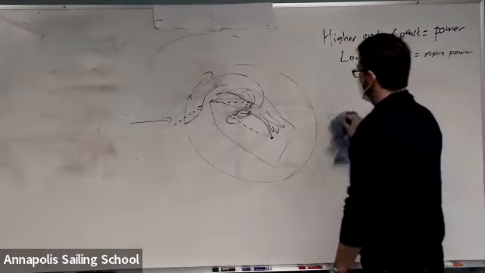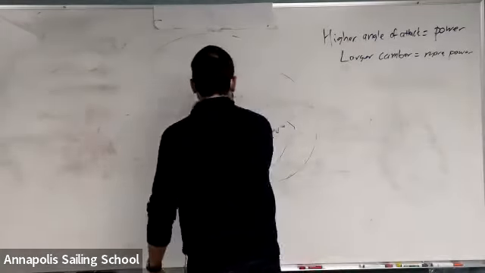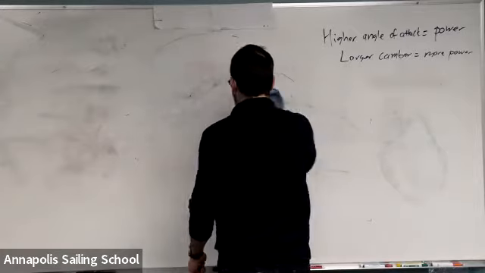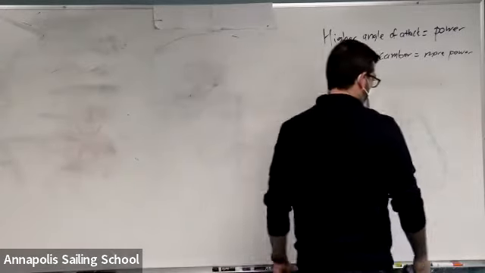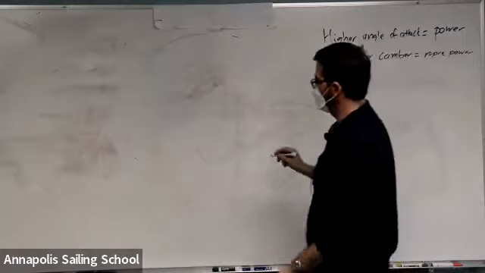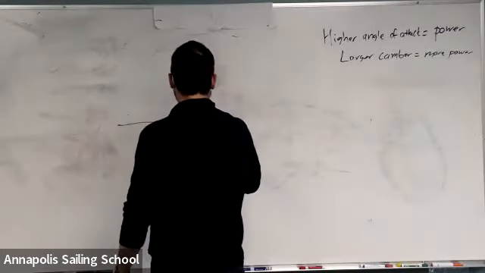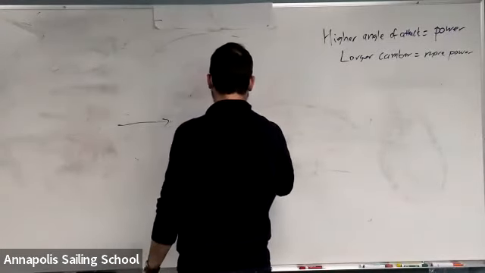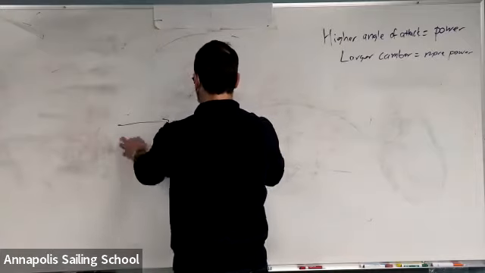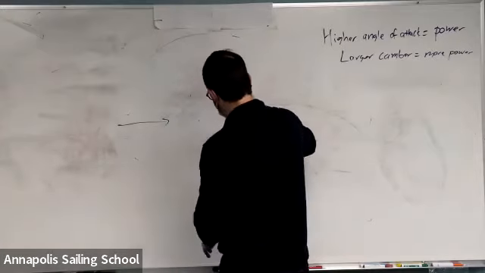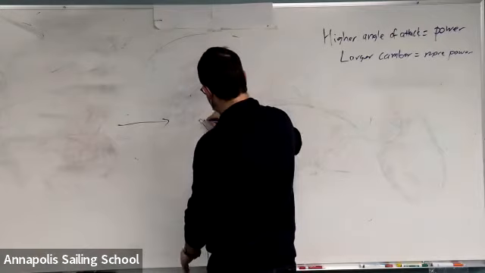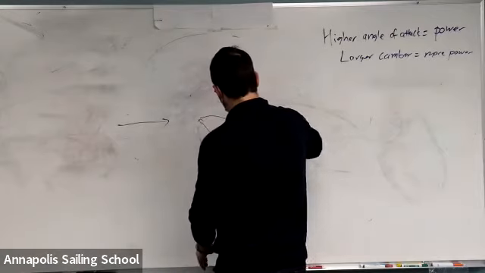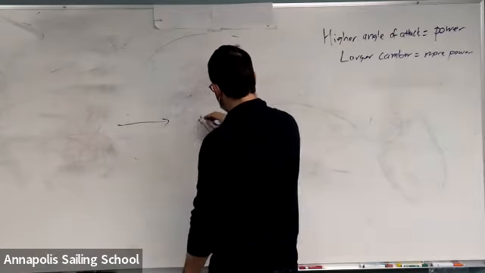With the sail, it's easier to think of just one sail at a time here. So let's think jib. So this is the forestay. The wind is coming this way. So your boat is sailing this way.